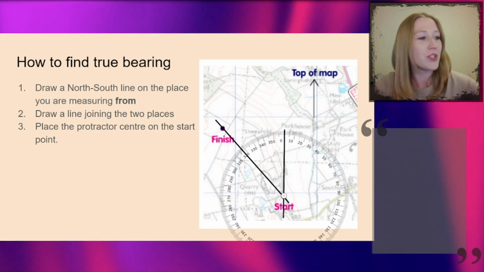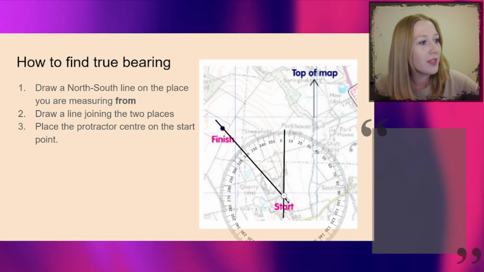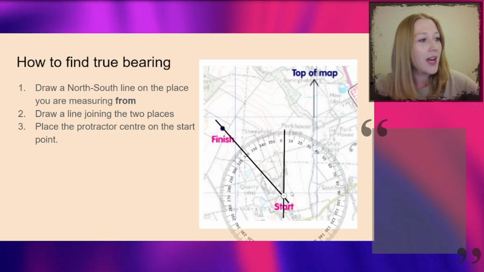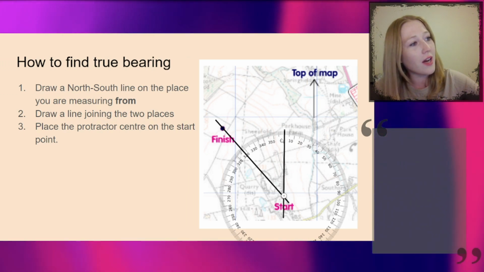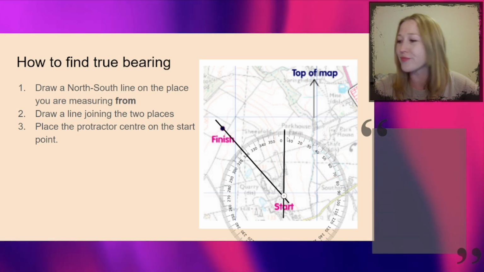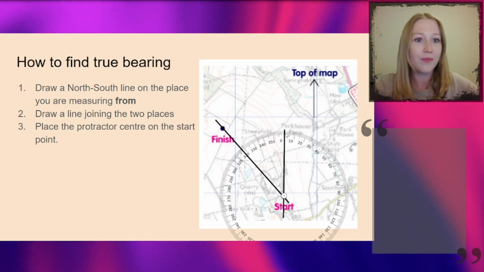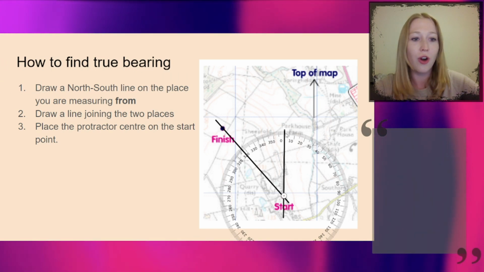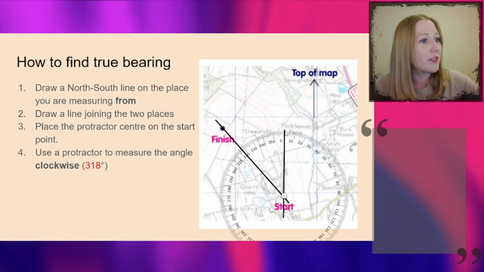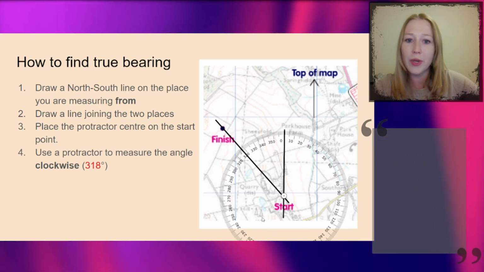Now what we do is you take the center point of the protractor, you put it onto the start point, and then you make sure that this is in line with the zero. Can you see the zero over there? Hopefully. So you make sure that's in line with the zero. And now we read clockwise. I'm going to start there and read clockwise all the way around.